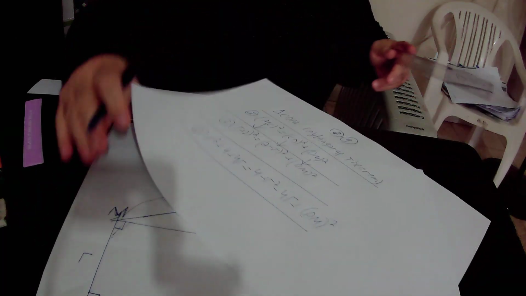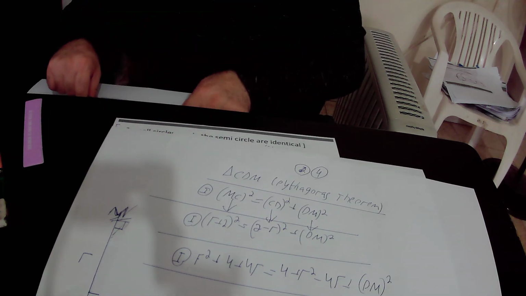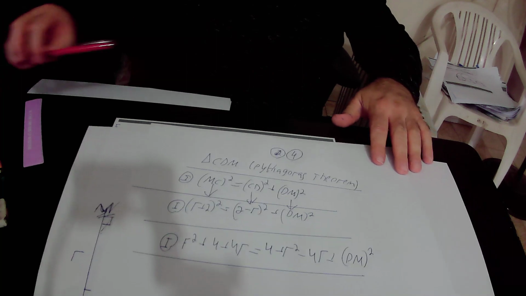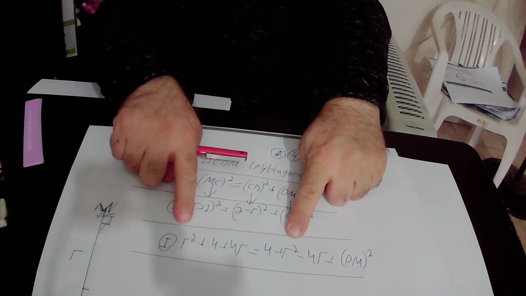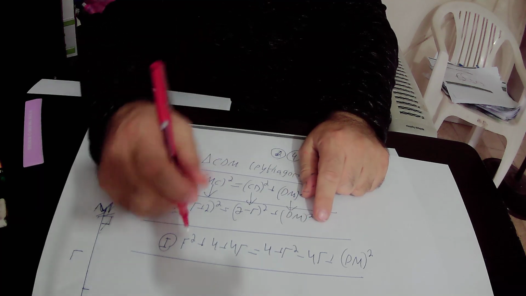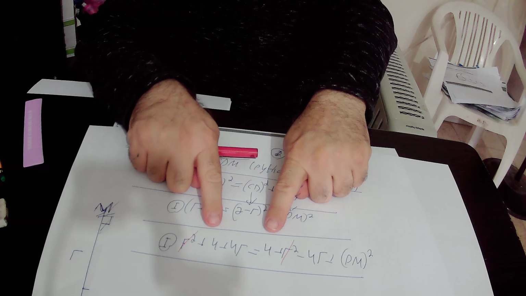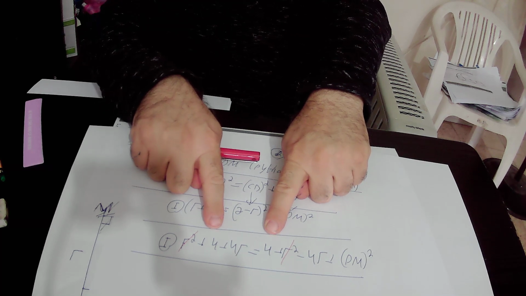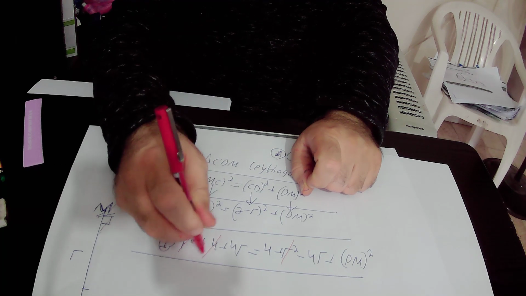So here we have R squared on both sides of equation number 1, so R squared will get cancelled, and we also have 4 on both sides of equation number 1, so 4 will get cancelled.